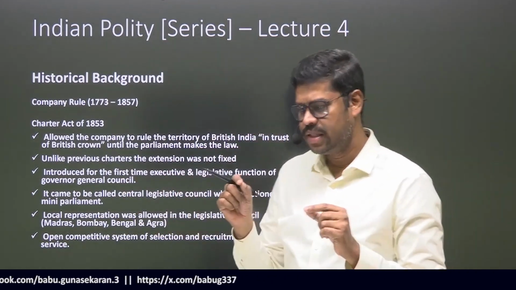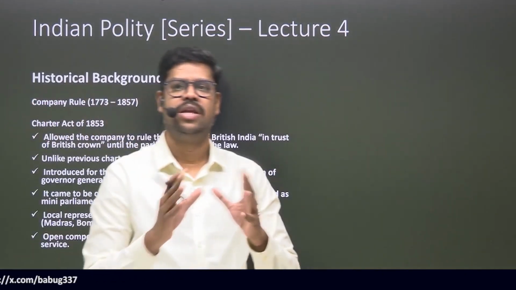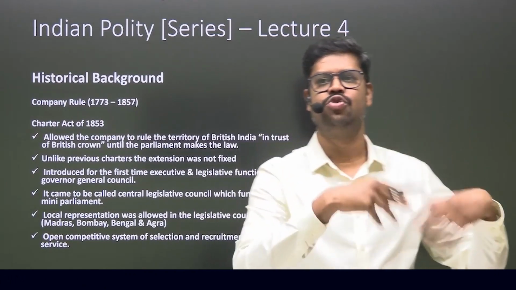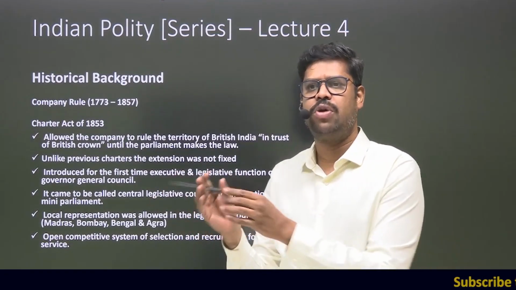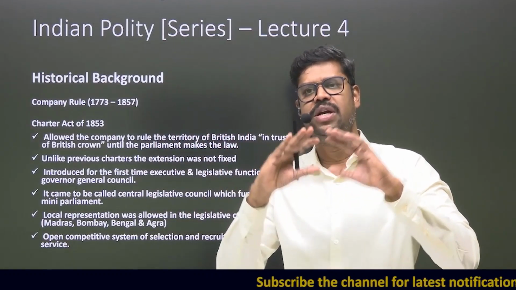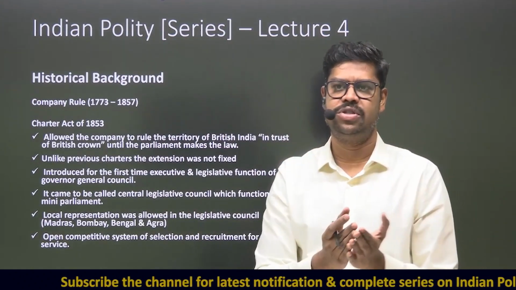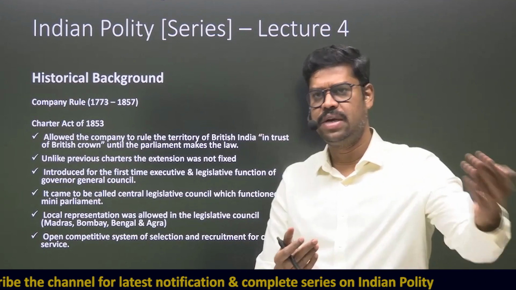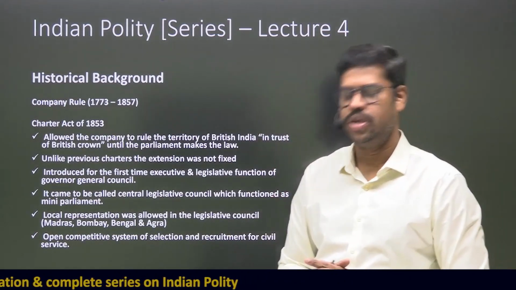But in the Charter Act of 1853, when they performed as a legislative body, a lot of new members became part of it, and when they functioned as an executive body, only very limited members were part of it. That means when this executive council did the law making functions, a lot of new members became part of the council, so the council was expanded when it was a legislative body.